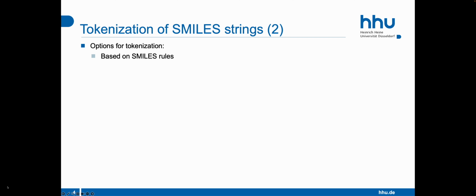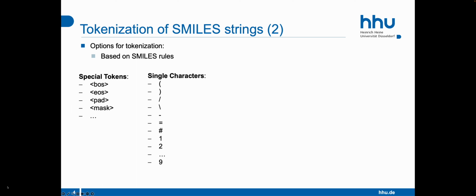Of course, we always have some special tokens, and then we have some single characters which we need to encode, for example, branches using parentheses, forward and backward slashes used for specific cis and trans isomers, and then we have a dash, equal sign, and hashtag to represent bond types, and we have numbers to indicate the start and end of rings. Then we also have single characters for representing different atoms that we can have.